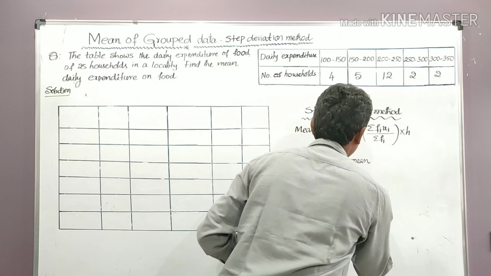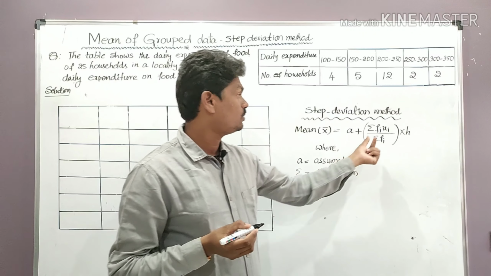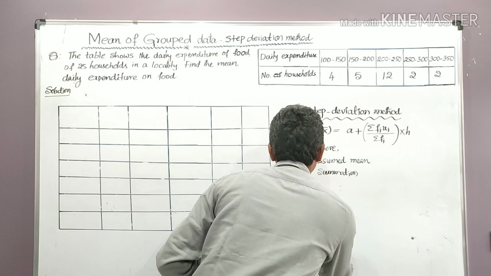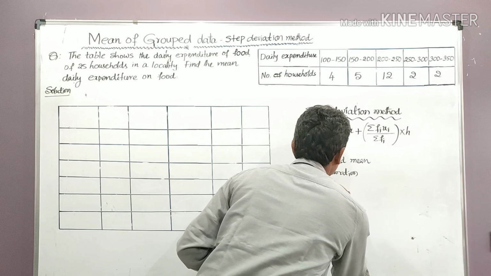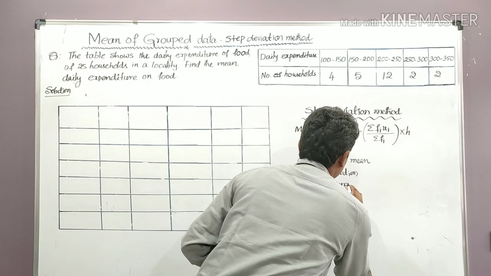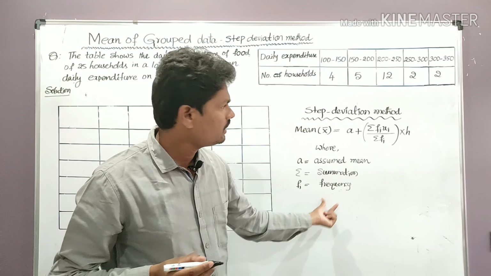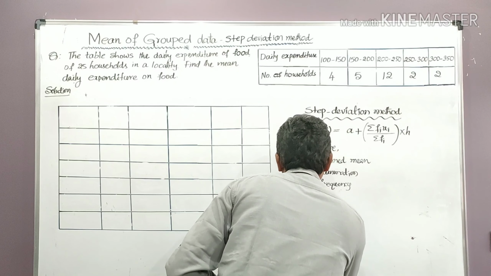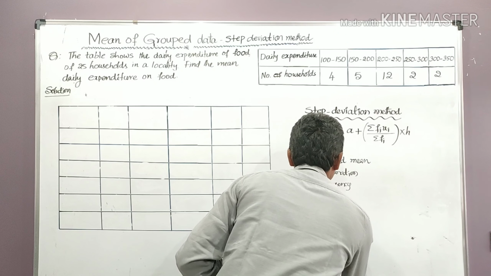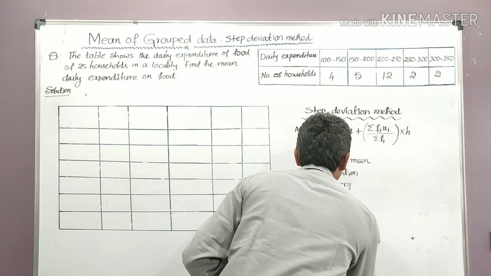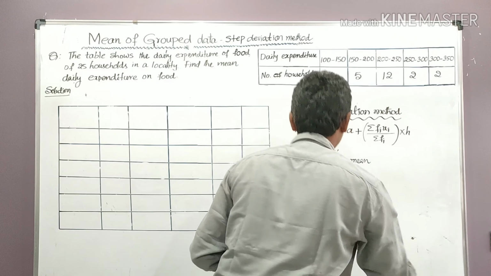We use this symbol to find the sum of all values. Fi is equal to frequency. Ui is equal to xi minus a, divided by h.